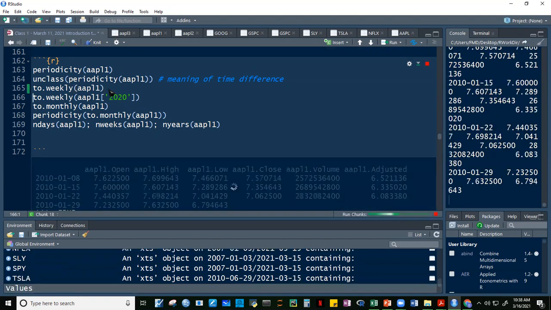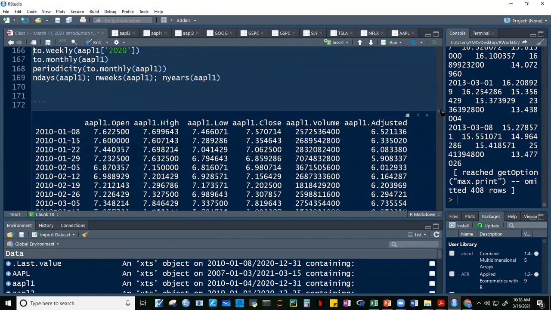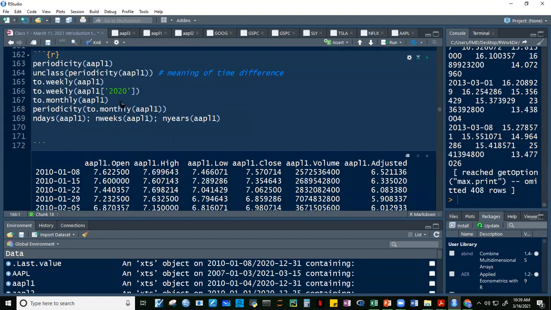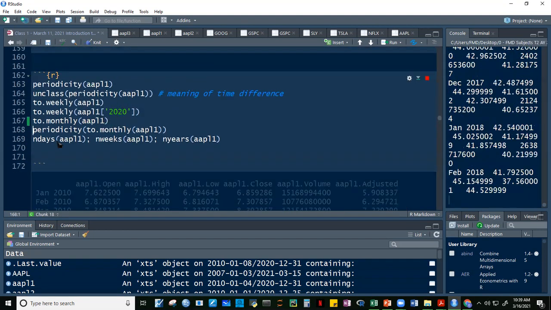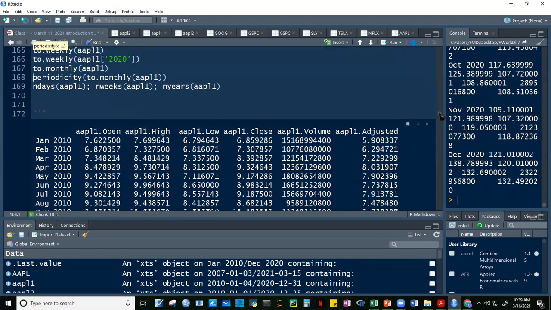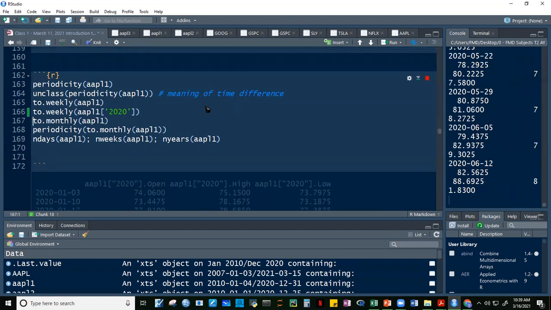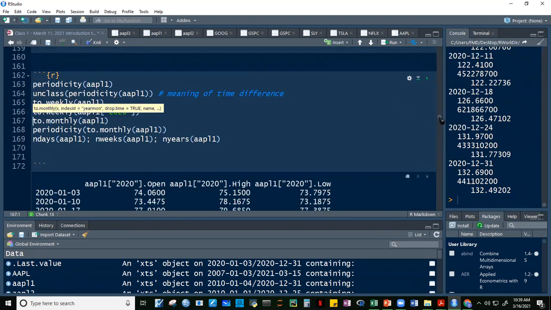What will this do? Notice guys, kasi si Apple One, daily yan, and then it can convert, no? Convert niya si Apple One into weekly. Or pwede rin to monthly. So it will convert Apple One into monthly data. Yan. Or kung gusto natin yung 2020 lang yung to weekly, 2020 lang ilalagay niya.